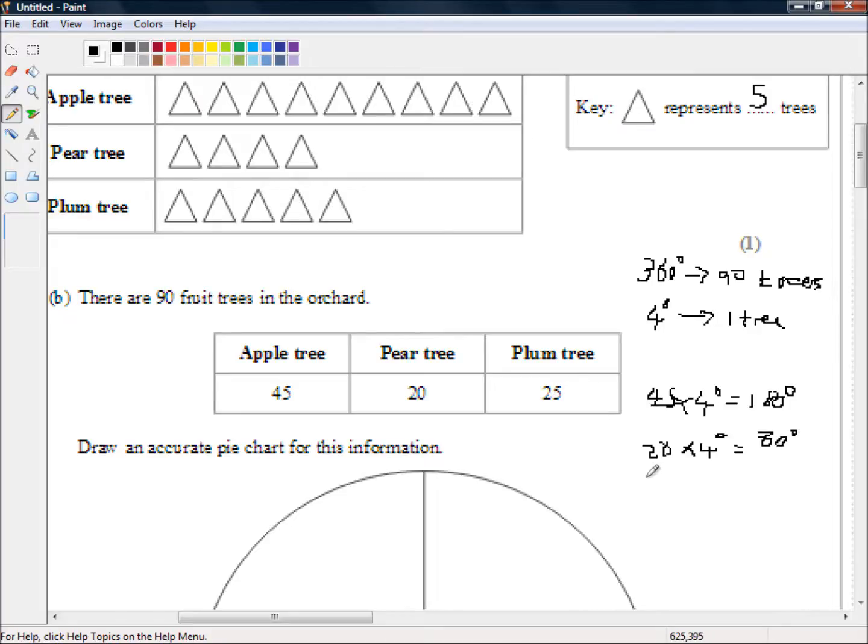And 25 plum trees is equal to 100 degrees.